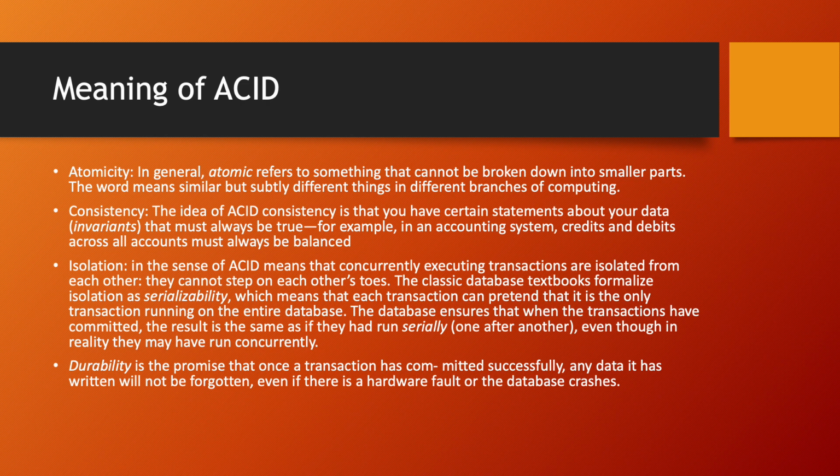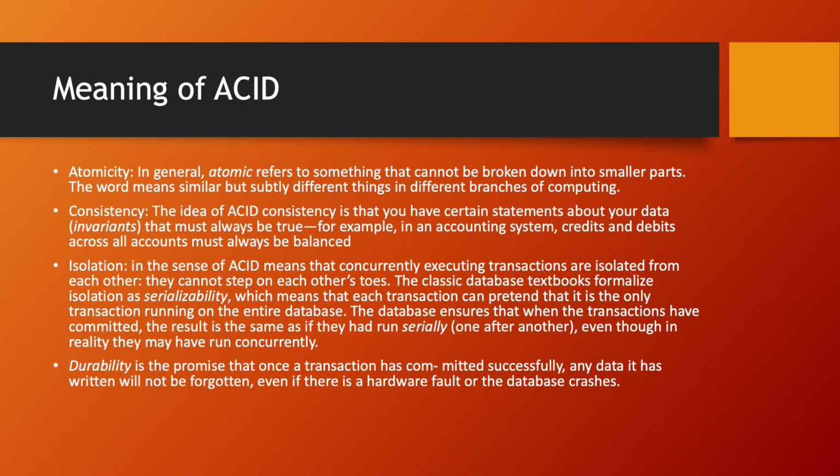Consistency. The idea of ACID consistency is that you have certain statements about your data that are invariants, that must always be true. For example, in an accounting system, credits and debits across all accounts must always be balanced. Isolation, in the sense of ACID, means that concurrently executed transactions are isolated from each other. They cannot step on each other's toes. The classic database textbooks formalize isolation as serializability, which means that each transaction can pretend that it is the only transaction running on the entire database.